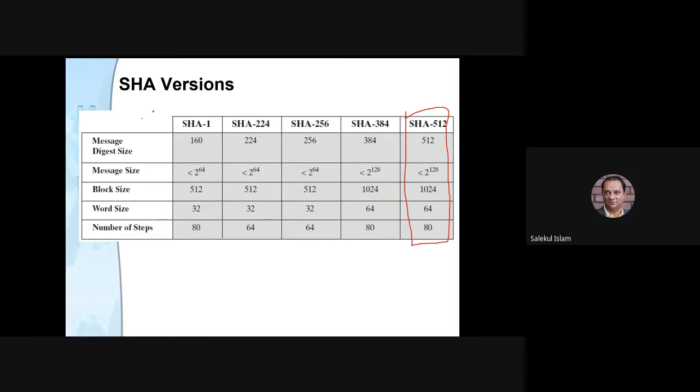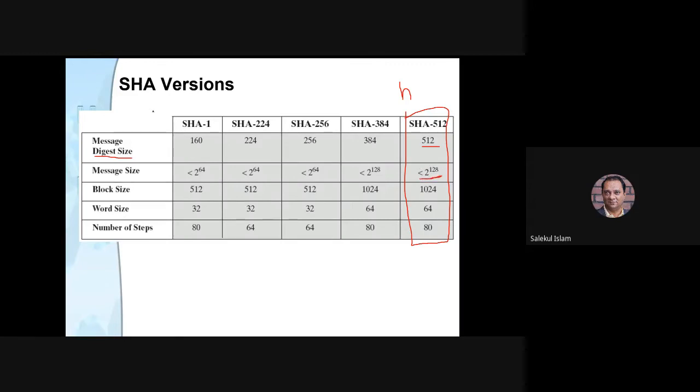Here we can see that the message digest size is 512 bit. That means the size of our h, the final hash, will be 512 bit, and the message size should be less than 2 to the power 128 bit. So this is the length.